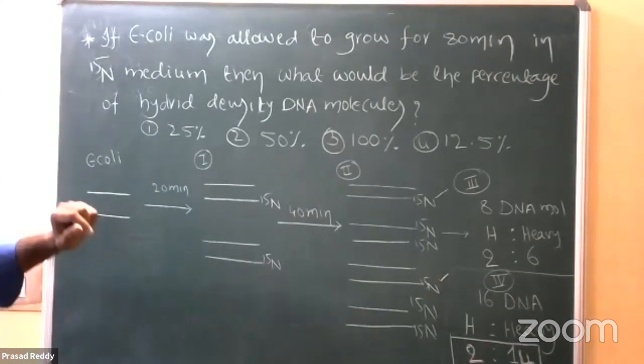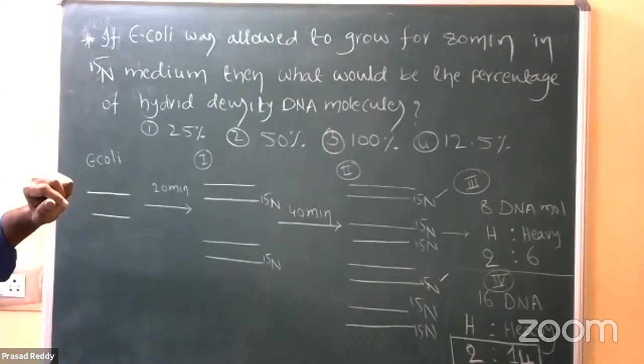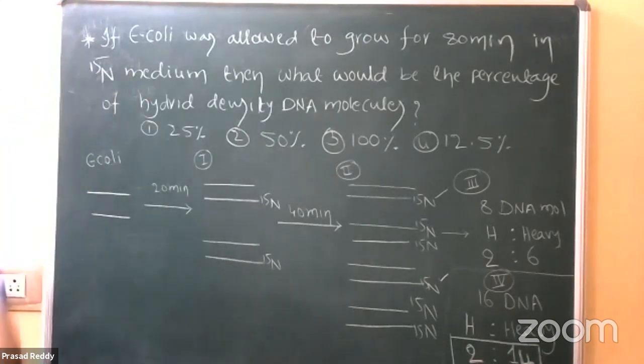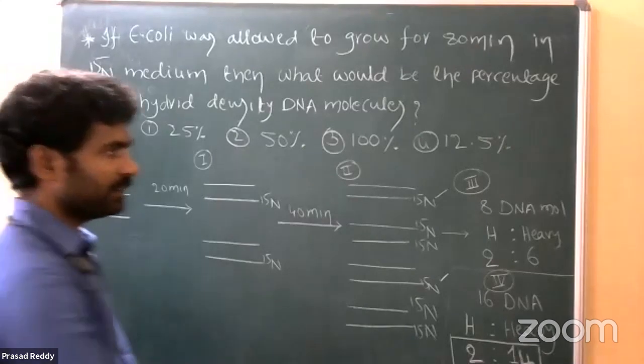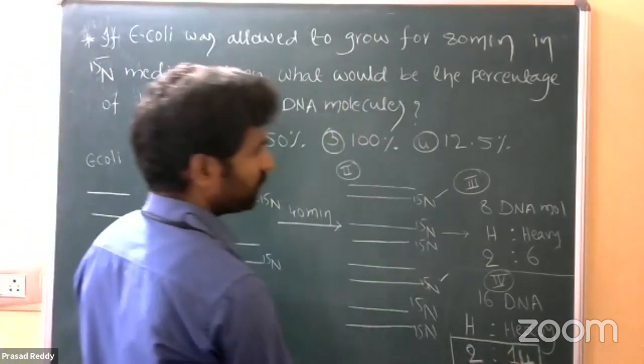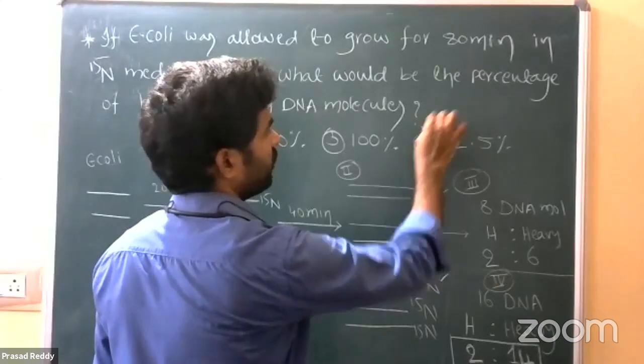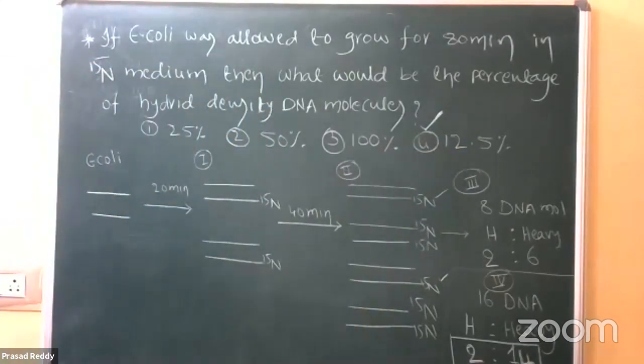So the remaining 87.5% is heavy DNA. Only 12.5% is hybrid DNA. So the hybrid DNA percentage here is 12.5%.